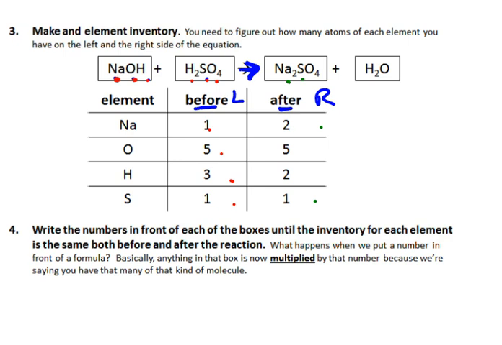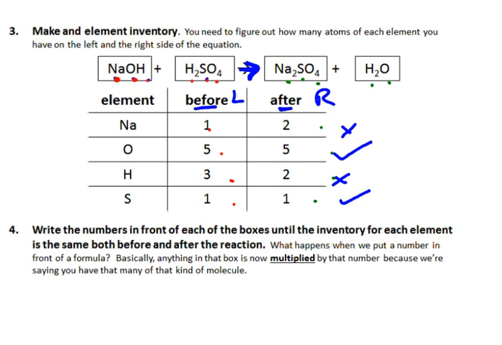There are 4 oxygens and 1 more is 5 oxygens, and there are 2 hydrogens. Checking to see what matches: sodiums are not the same, oxygens are good, hydrogens are not the same, and sulfurs are good. So this reaction is unbalanced. Not everything is the same.